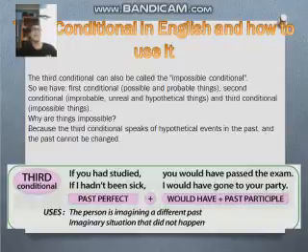The first sentence is a mixed conditional, which mixes something that did not happen in the past with a hypothetical result now. The first part is the third conditional, and the second part is the second conditional. More examples: if I had studied biology, I would be working in a laboratory.